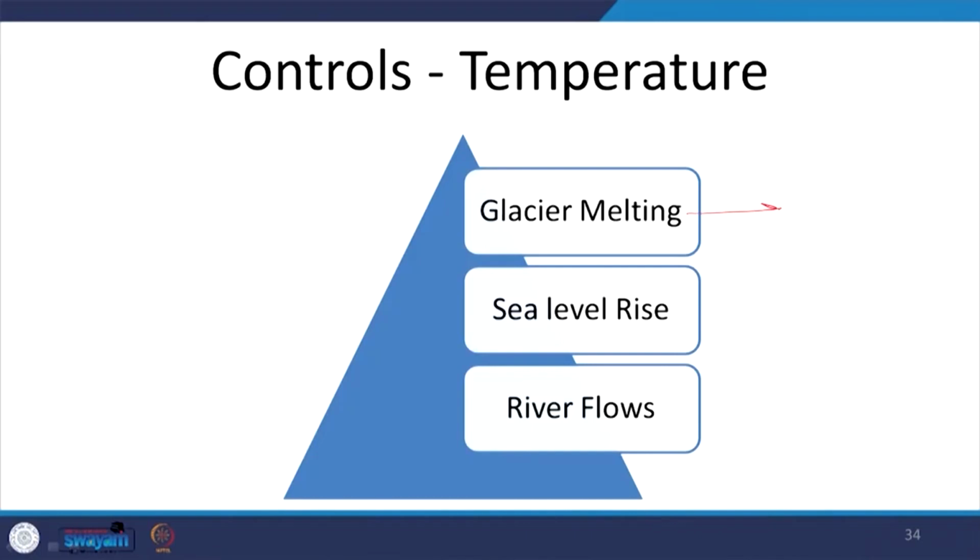Now, this rise in temperature is melting the glaciers. Potable water which is stored in the form of ice caps and glaciers is melting and reaching the sea. So, this melting of glaciers is causing sea level rise. It is also causing the rivers to flow at an increased pace at some point of the year, and at other times the flow is greatly reduced.